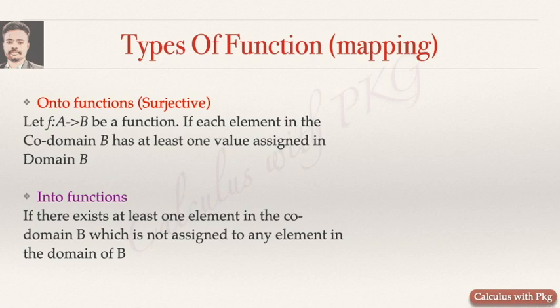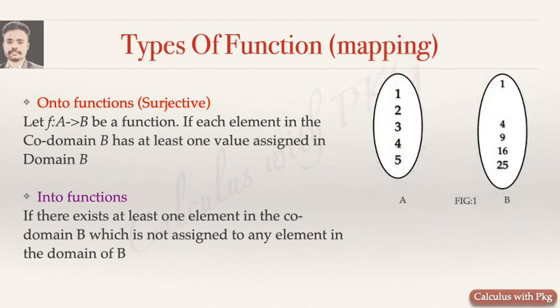If there exists at least one element in the codomain B which is not assigned to any element in the domain A, we can say the function is into function. So let us look into the animation so we can understand better what is onto function and into function.